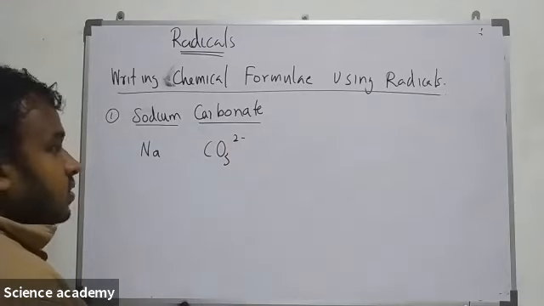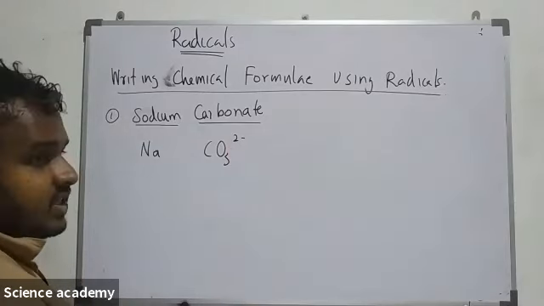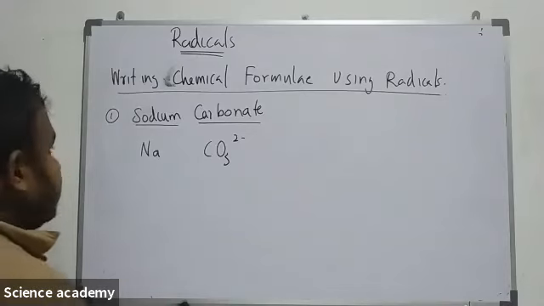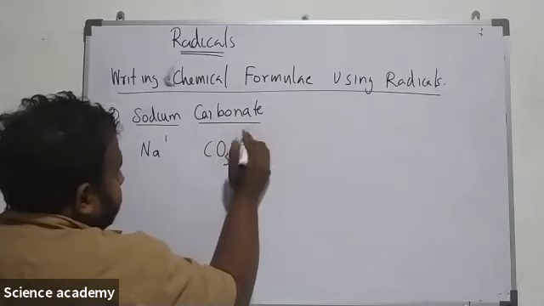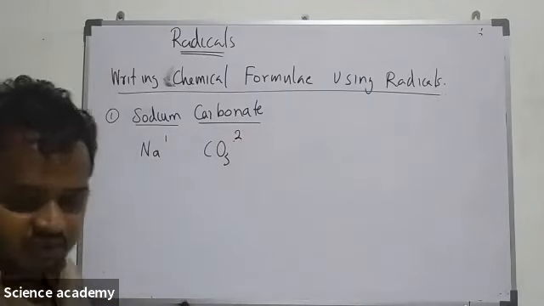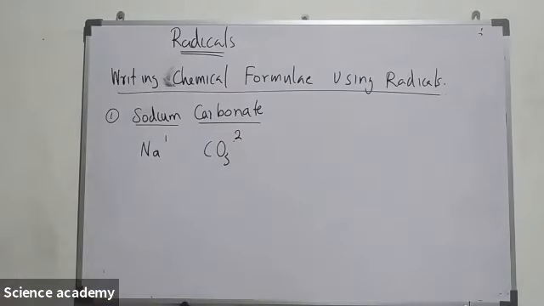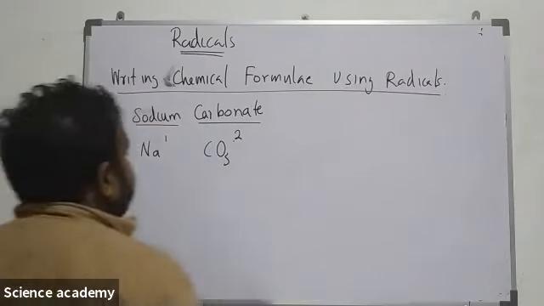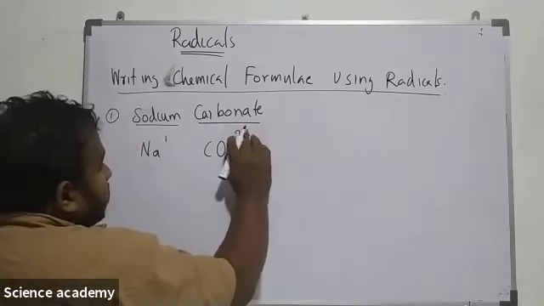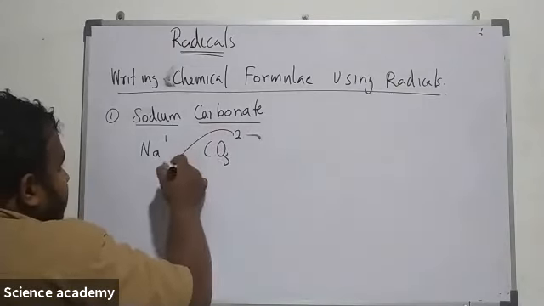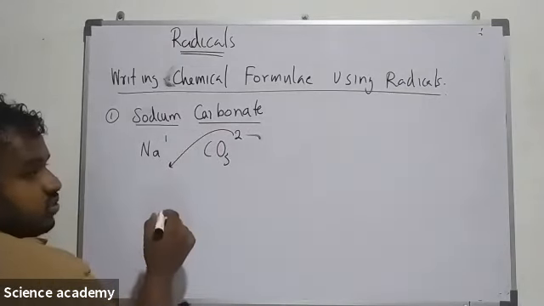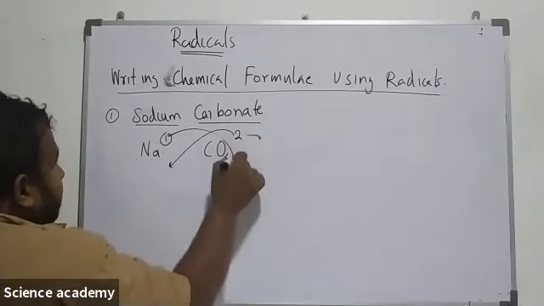Whenever we consider the valency of sodium, it is 1. Valency of carbonate is 2. 2 minus means 2 valency. So when I proceed, this 2 belongs to sodium and 1 belongs to carbonate.